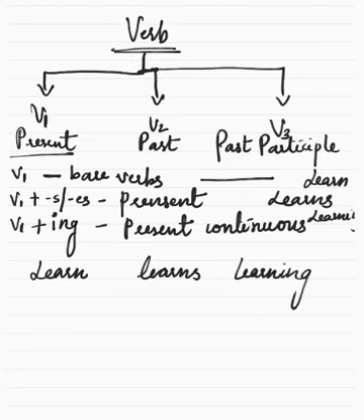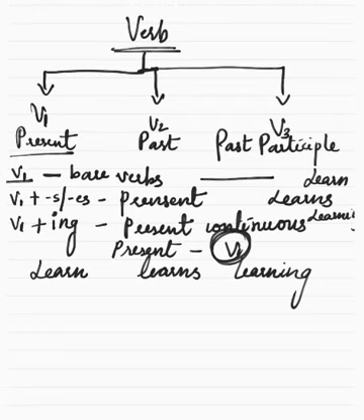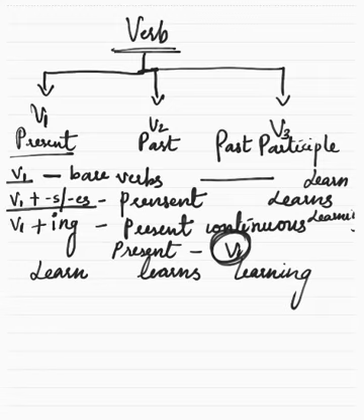We are talking about these things in the present. So there are three types: V1, V1 plus s or es, and V1 plus ing. Learn, learns, learning.